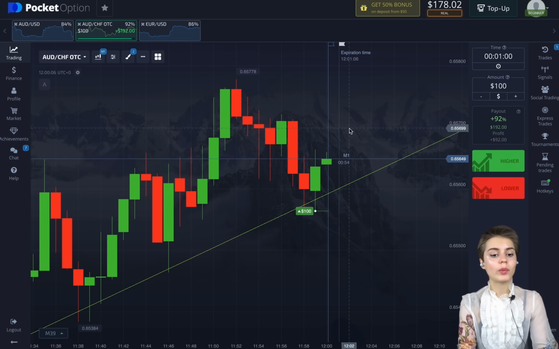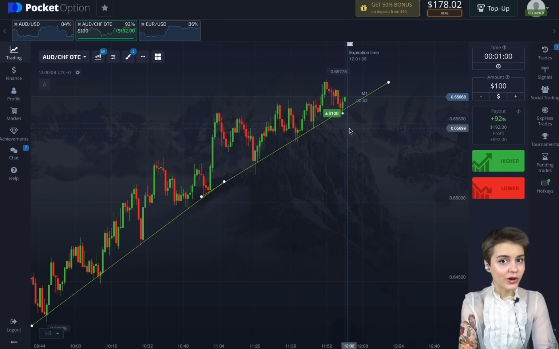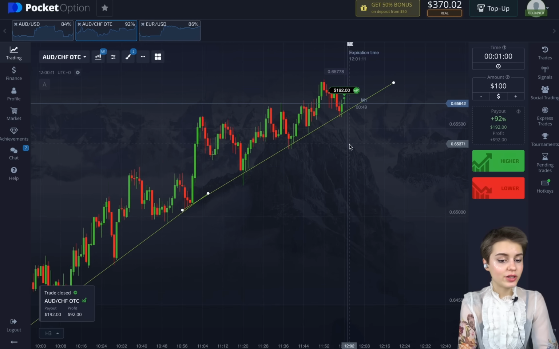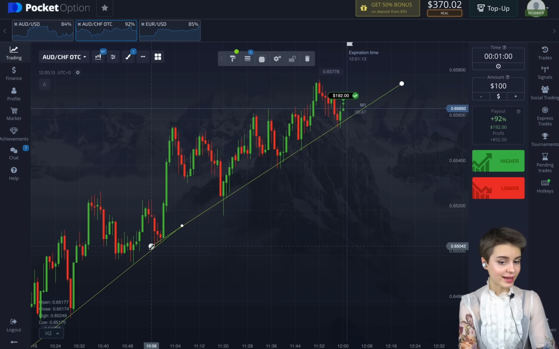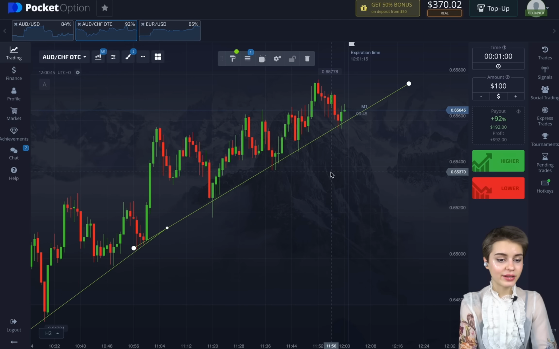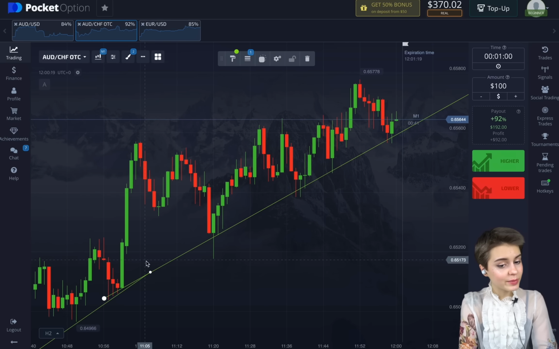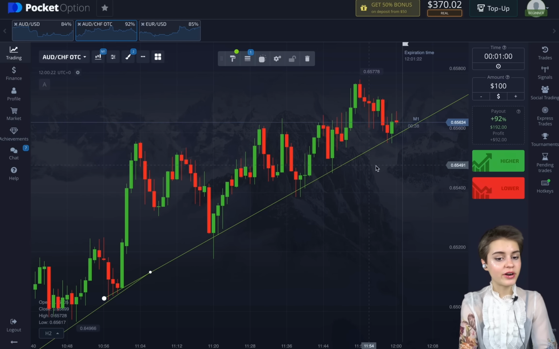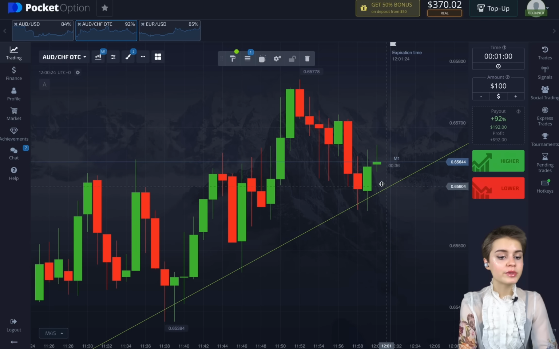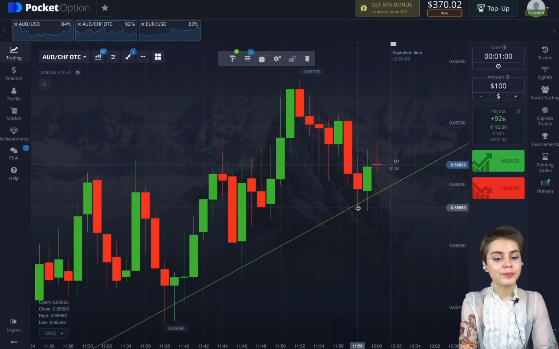So guys, right now we see the same case I've been talking about. We needed to adjust our trend line a little. It is formed on those candles, and we see that approximately from here there is a reverse from the chart, and from this zone we've just rolled back.